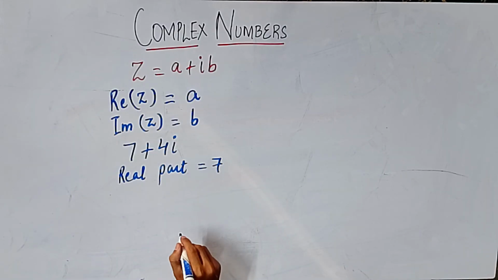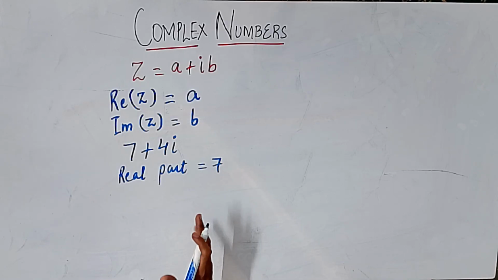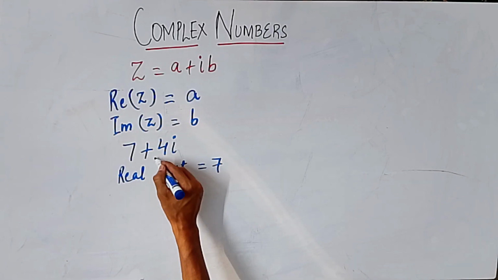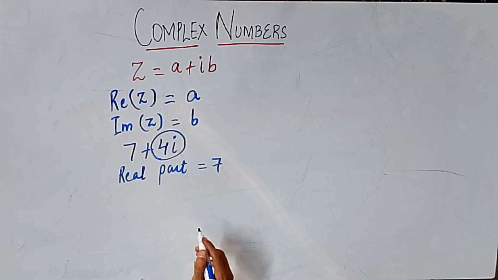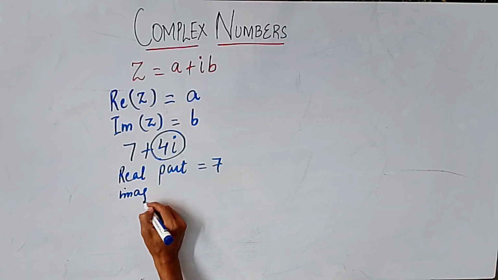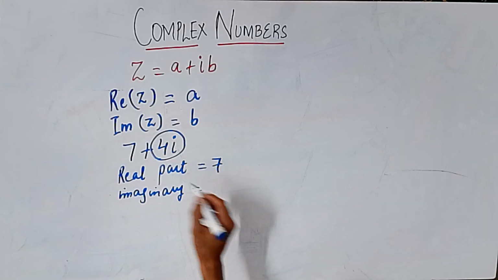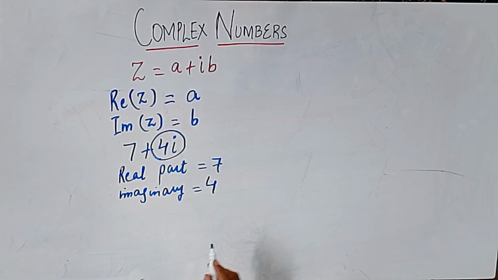Now be careful with the imaginary part. Usually some students think that this whole 4 iota will be considered as the imaginary part, but this is not the case. When you write the imaginary part, only the number will be counted in the imaginary part of the complex number, with the sign, but this iota will not come.